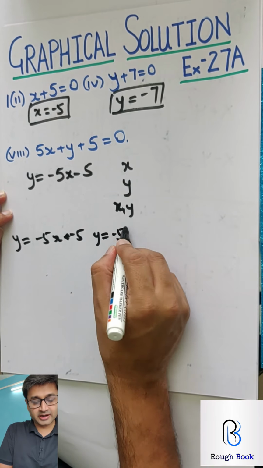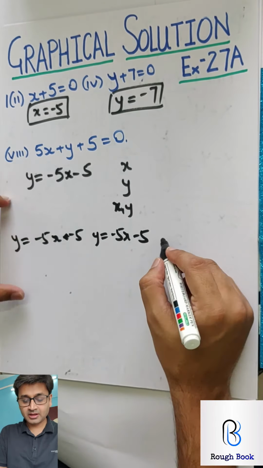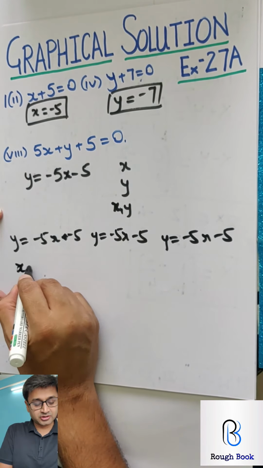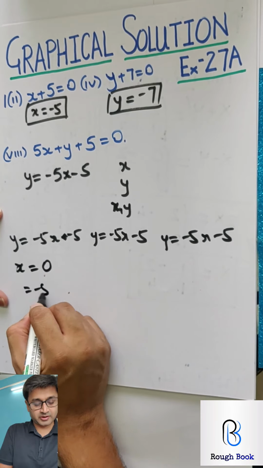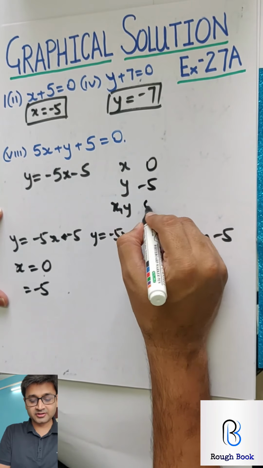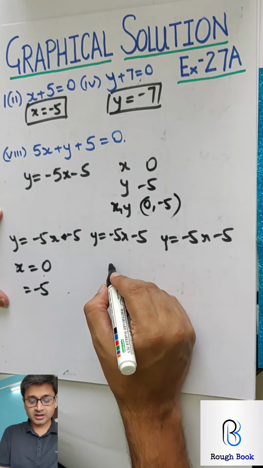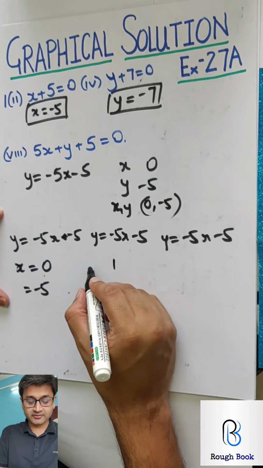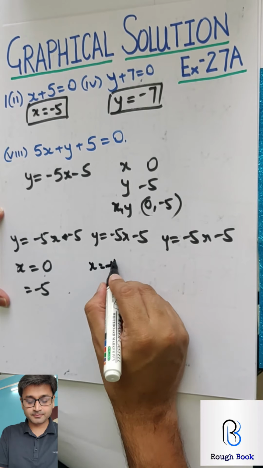So y is equal to minus 5x minus 5. Assume the values of x. So I am assuming it as 0, so minus 5. 0, minus 5 becomes my first point. Assuming it to be 1, it will be minus 10, too big. So I will assume it as minus 1.